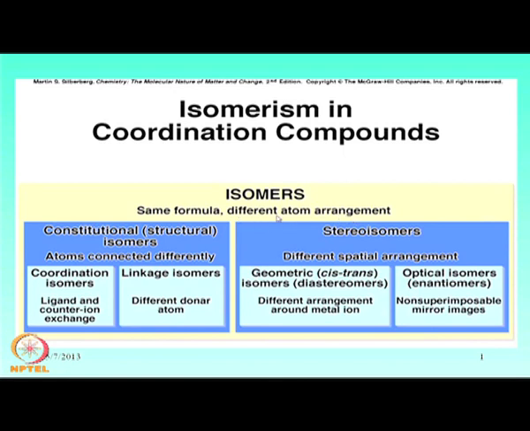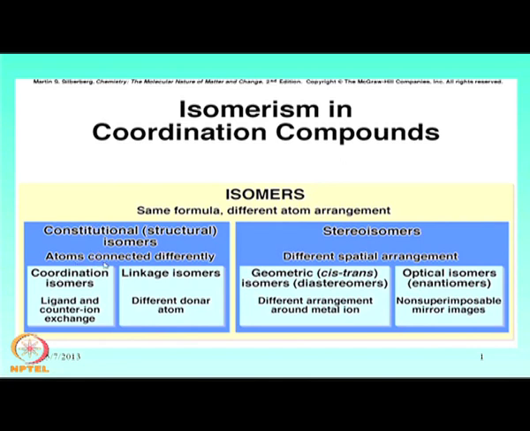In the case of coordination compounds, we will be talking about the arrangement which is different for the different ligands. So, we can have constitutional or structural isomers or stereoisomers. If the stereochemistry of these two isomers is different, we can have a different stereoisomer compared to the other.